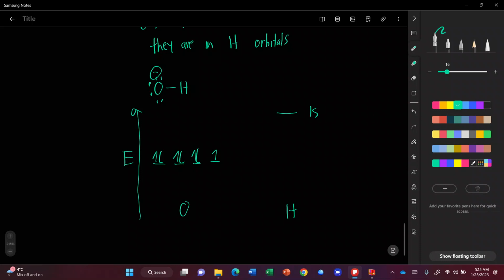So now the energies are not symmetric, and a really cool thing happens when the energies are not symmetric. So they still combine, right? So I still get a sigma and a sigma star orbital.